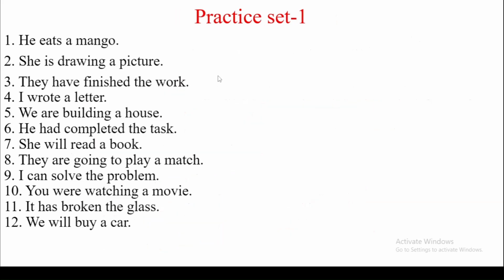Now I have a practice set that I assign to you to practice. Let me solve a few, or the first one, to give you a clear concept regarding it. The first sentence is: he eats a mango. A very important thing is that we have to find the subject and object in a sentence.